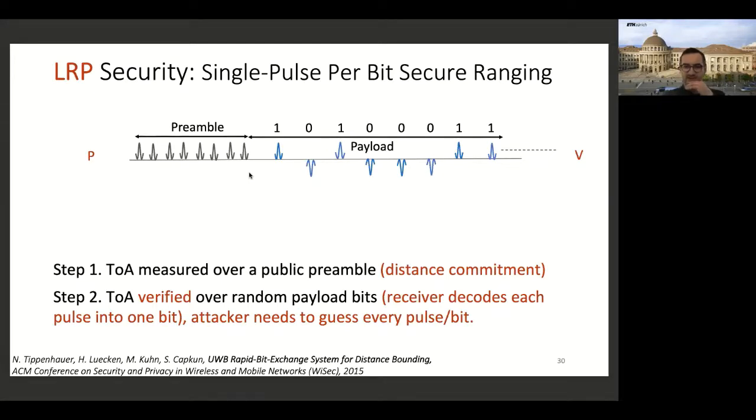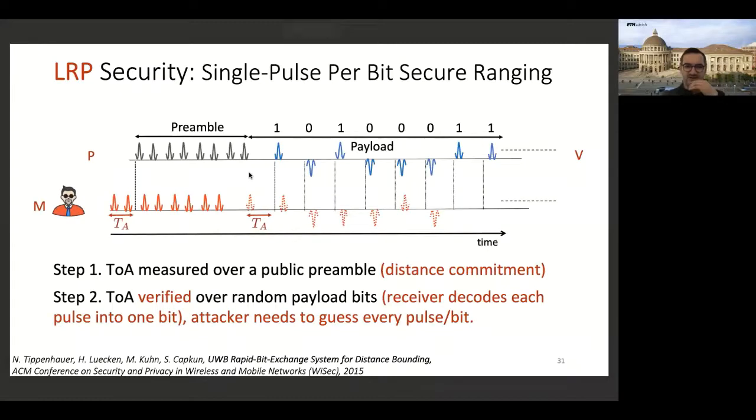And if it receives the expected bit sequence, it knows that the range is correct. If the adversary, for example, advances the preamble, which he can do because he knows the preamble, so he can transmit it earlier, the adversary would then need to guess the polarity of each of these individual pulses in order to have this payload verify at the prover.